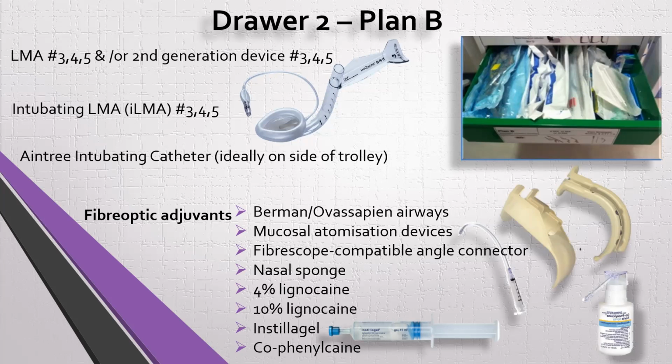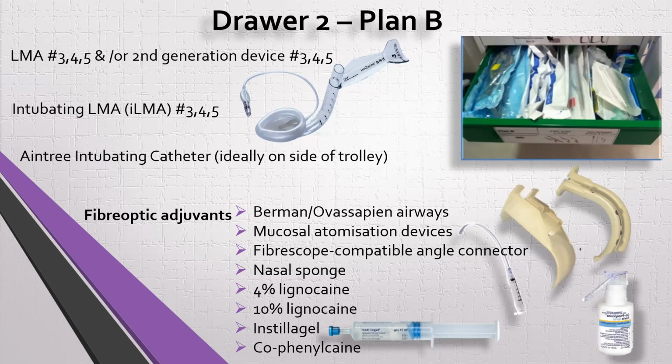Also in this drawer, we can find fiber optic adjuvants, or we can put the fiber optic adjuvants in a separate box, but this box should be attached to the trolley.